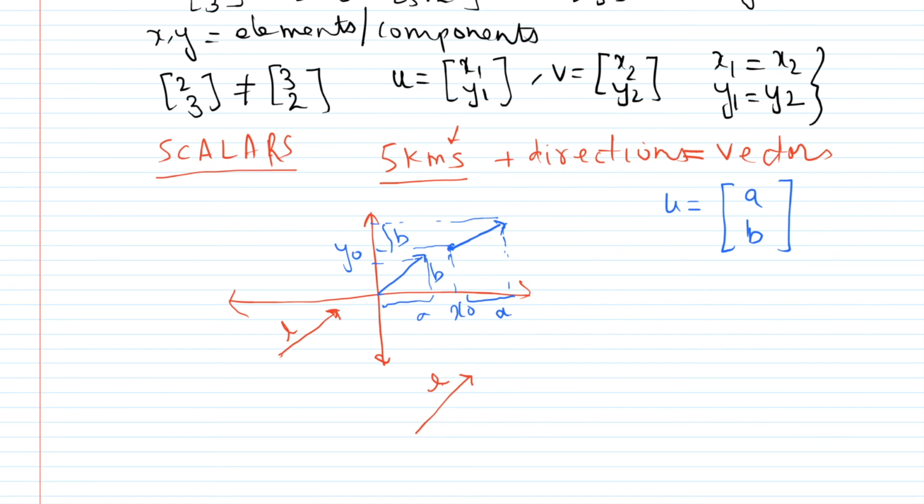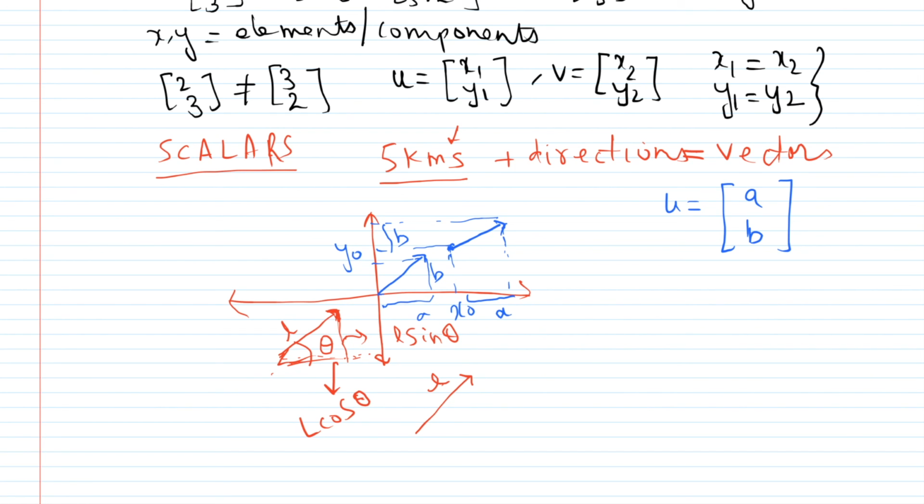So let's say this vector has a direction. That means let's say its angle with respect to the x-axis is theta, right? By using very standard trigonometry, this length would be L sin theta, and this length would be L cos theta.